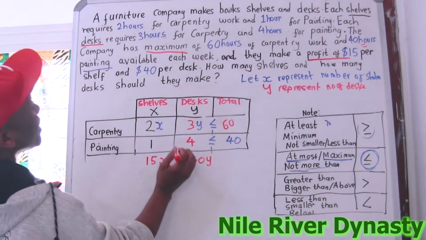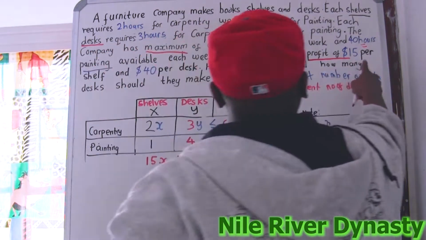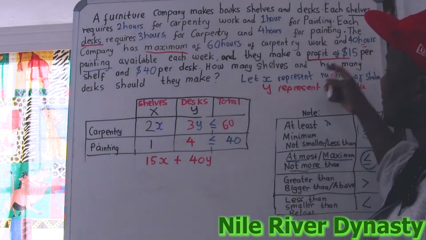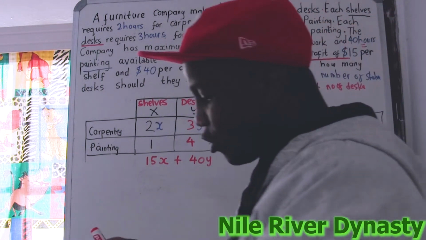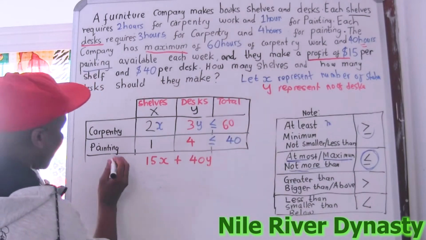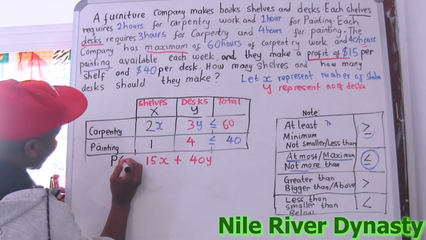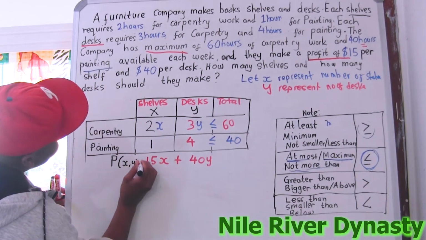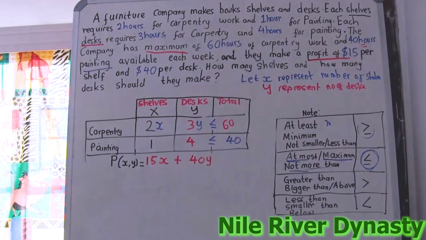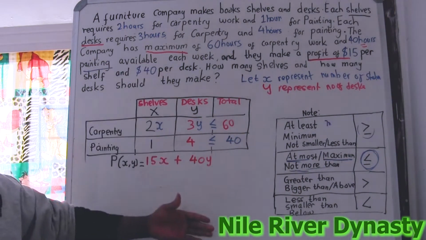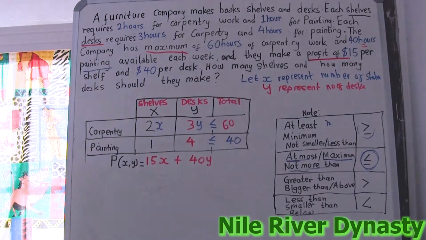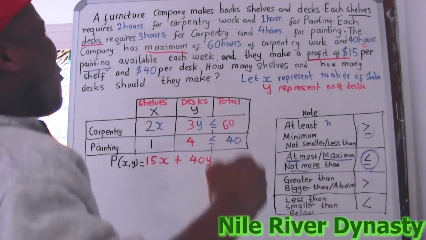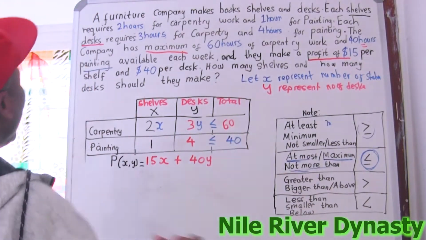So we add, but this is the profit. The profit function is not equal to anything. All you do is say this is the profit function of x and y. So from that, we have extracted 3 linear equations from the information they gave to us.